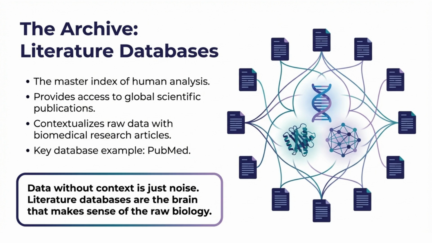This is critical because databases may tell us what is associated with a molecule, but the literature helps explain why and how. If you look at the slide, literature databases act like an intellectual bridge between raw data and scientific interpretation. They provide the evidence base that supports functional annotation, pathway interpretation, biomarker validation, and clinical relevance.